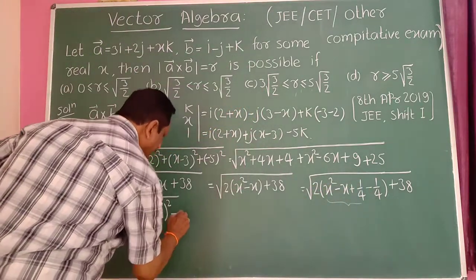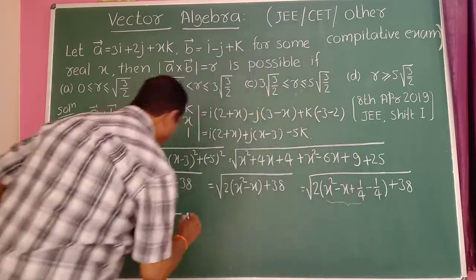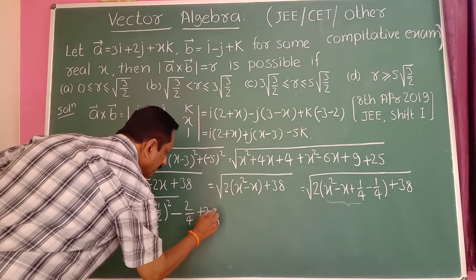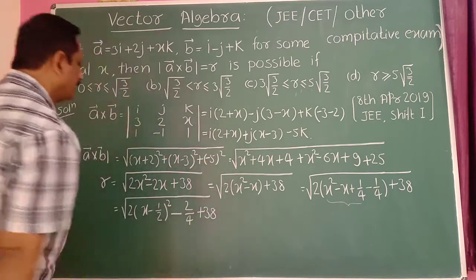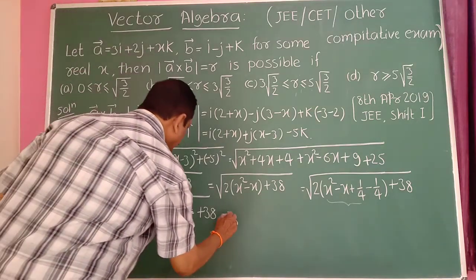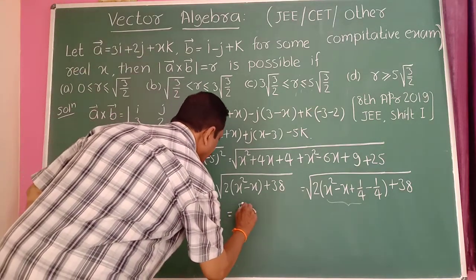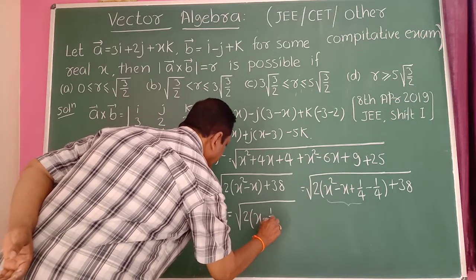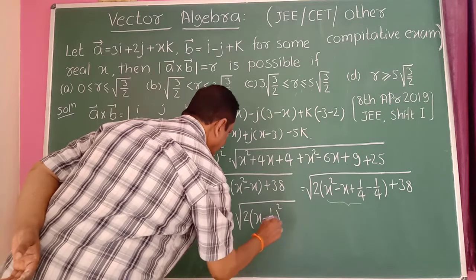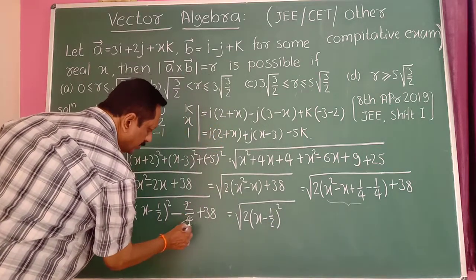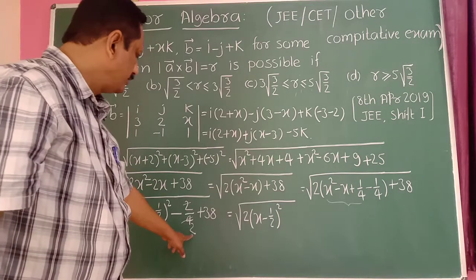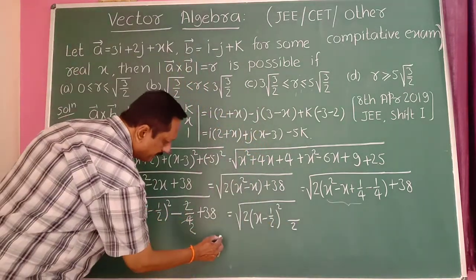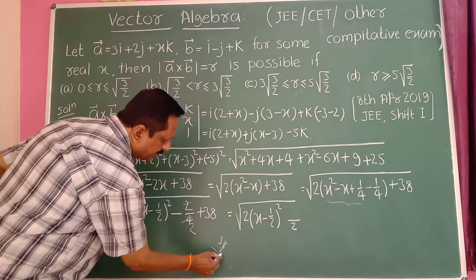So here minus, then this into this here, 2 by 4, 2 divided by 4 plus 38 here. Therefore, this is equal to root of 2 into x minus 1 upon 2 square. Then here it can cancel, 2 ones are 2, twos cancel here. Therefore, 2 is the LCM here. So 2 is the LCM. 38 into 2 here.